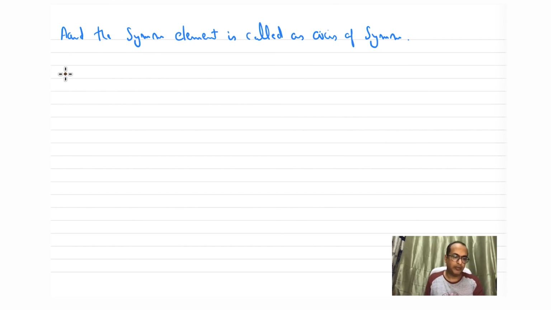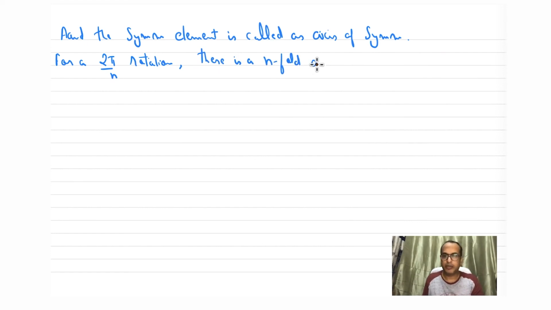So for example, for a 2 pi by n rotation, there is an n-fold axis of symmetry.